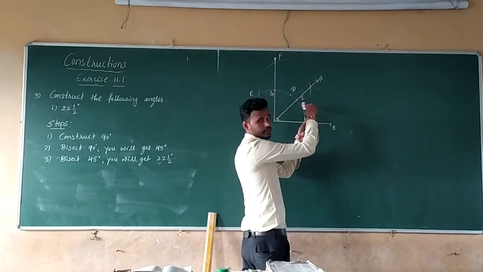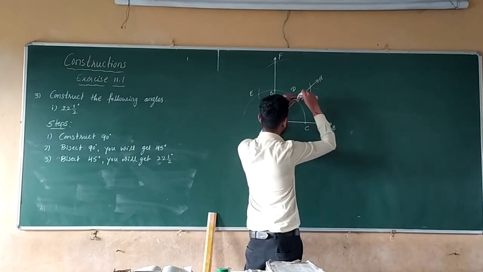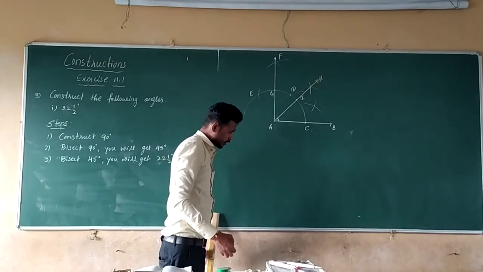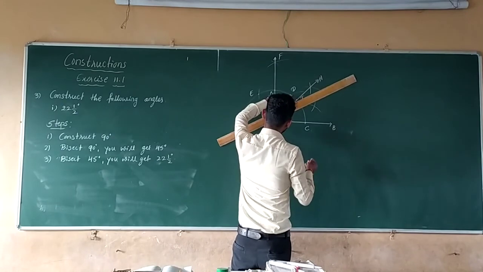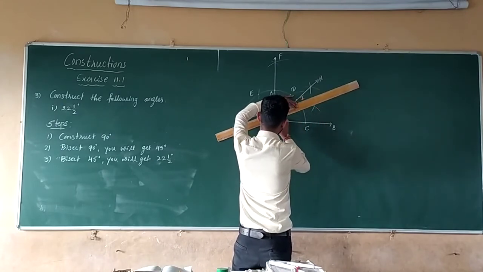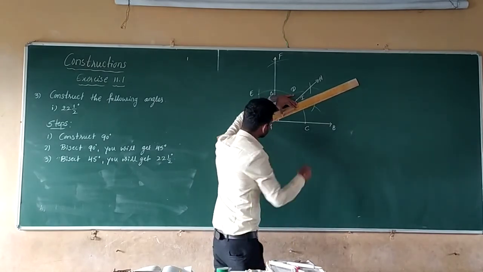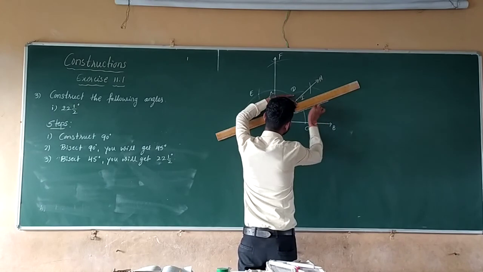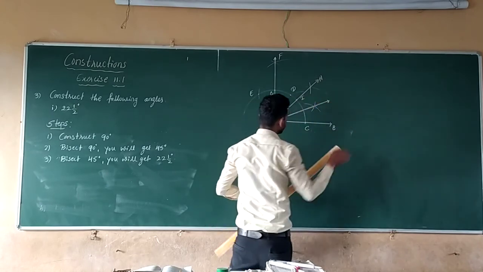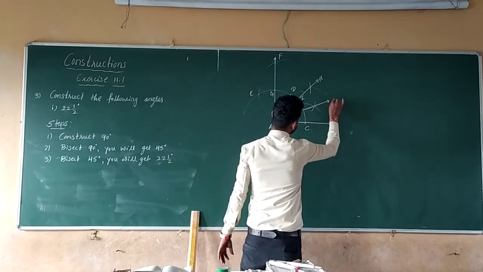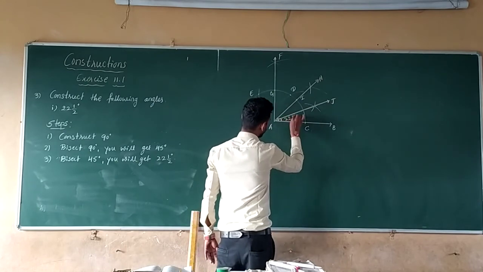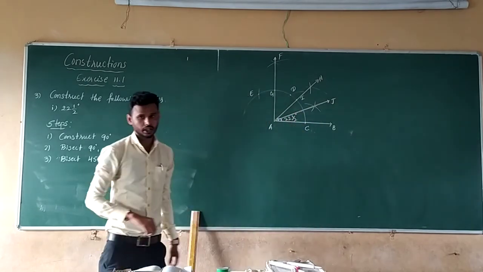Then draw a line through this point of intersection and A. Then this angle you will get is 22.5 degrees.